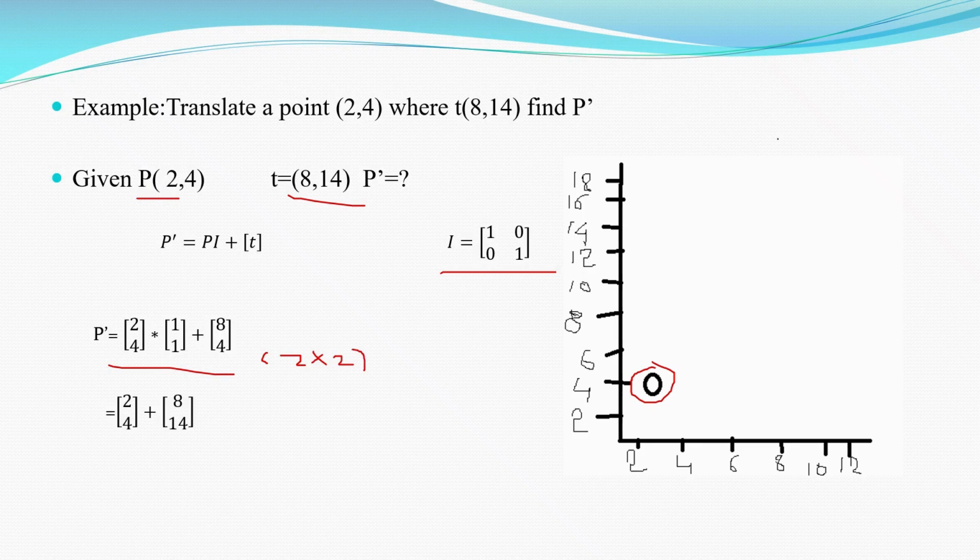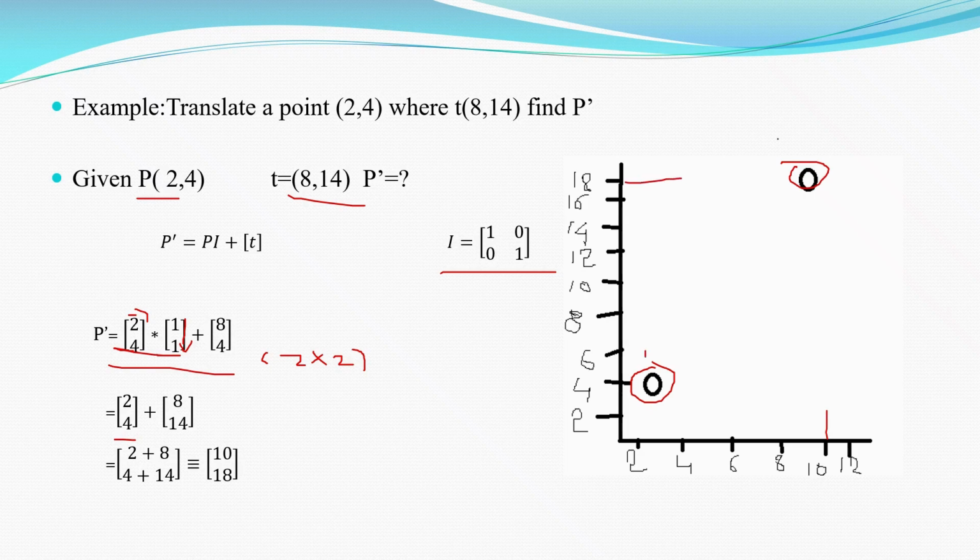Multiplying by the identity matrix gives the same values, so we get 2 4 plus 8 14. What we get is 10 comma 18. That means the object is now displayed at 10 for x and 18 for y.